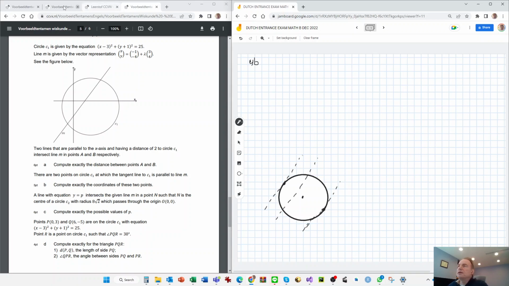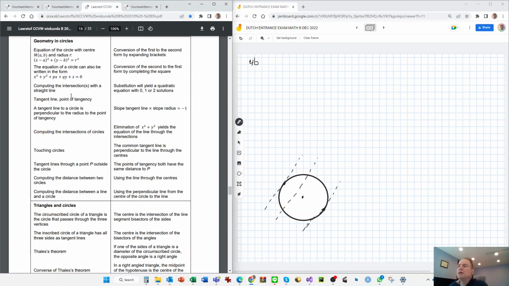I think in the material there's a tangent line, point of tangency. A tangent line to a circle is perpendicular to the radius to the point of tangency. Oh yeah, this is called the point of tangency. So we'll be looking at this perpendicular line here, perpendicular to the line M, which has to go through the center.